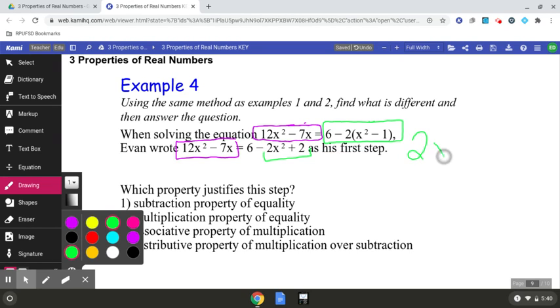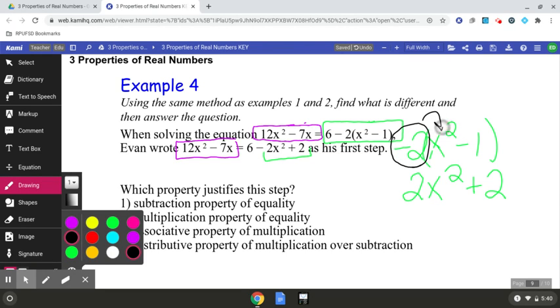So I had this 2x squared minus 1 that changed to 2x squared plus 2. And I'm sorry, this was a minus. So what did I do to get this? I actually took this here and distributed it. And that's how I would get this second negative 2x squared and then plus 2.